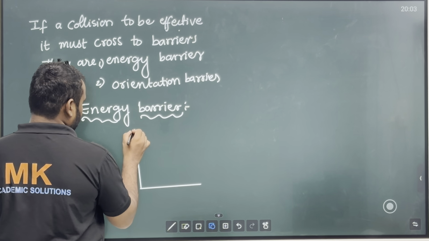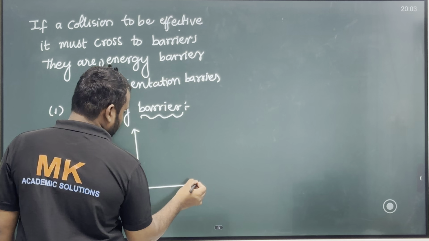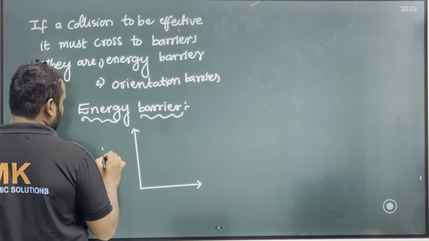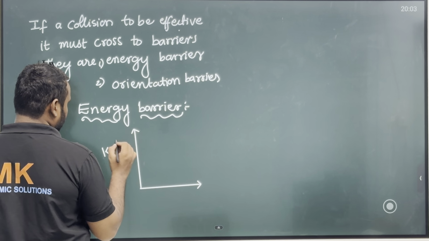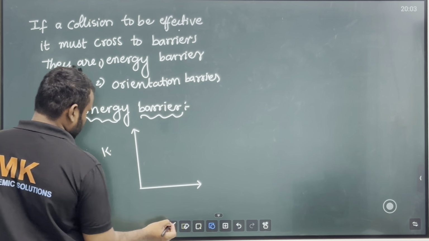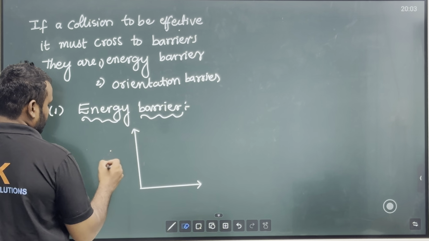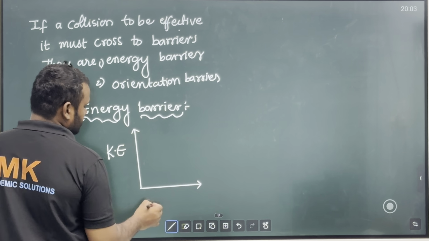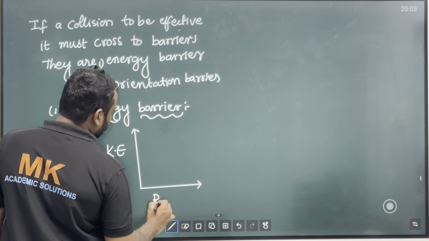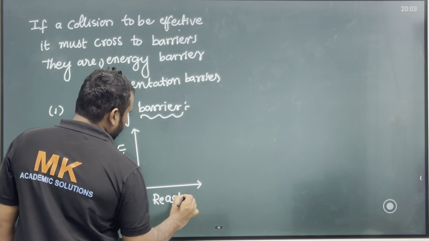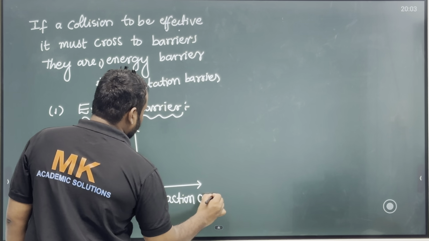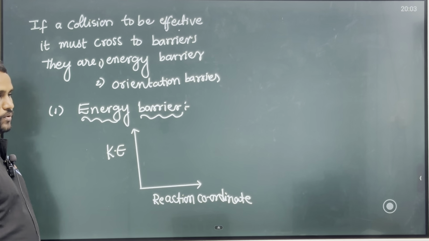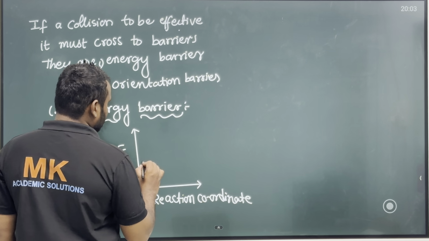Here we take kinetic energy on one axis and reaction coordinate on the other.